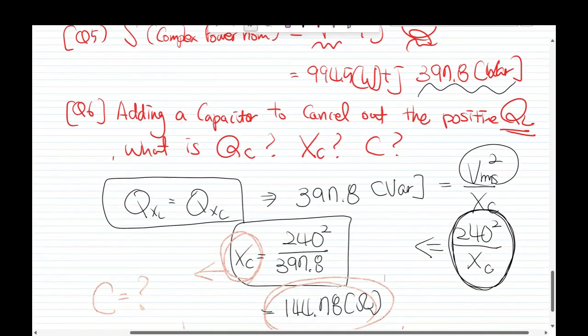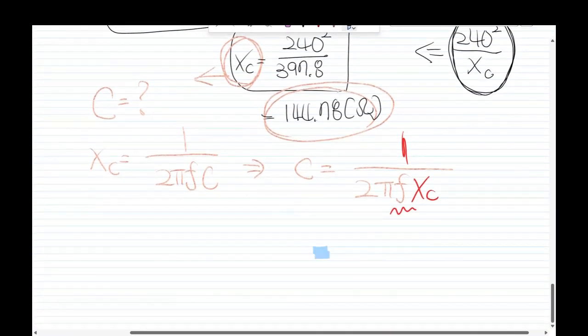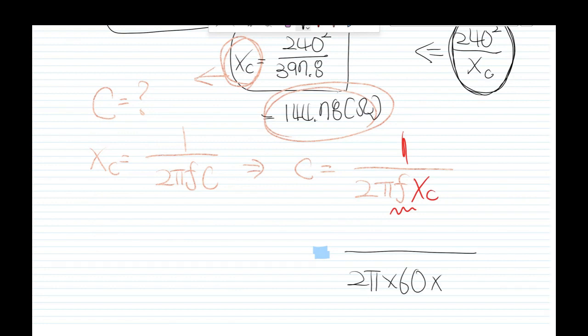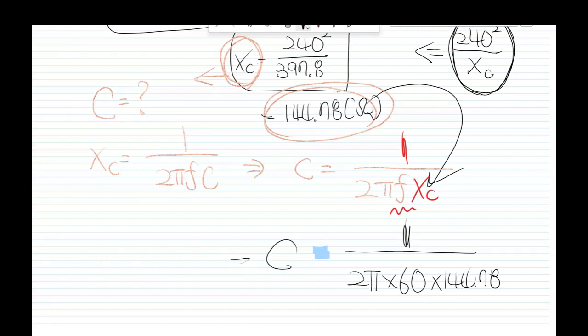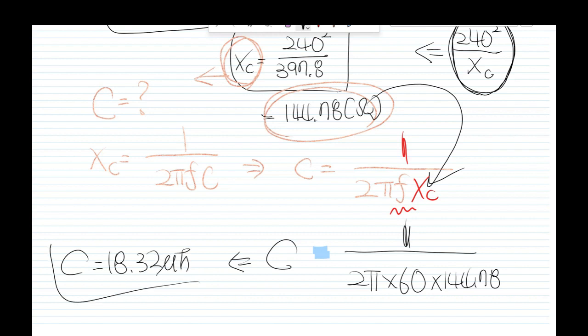So it is 1 over 2 pi times 60 times X sub C, 144.78. After calculation, C is 18.32 microfarad. That is the answer.